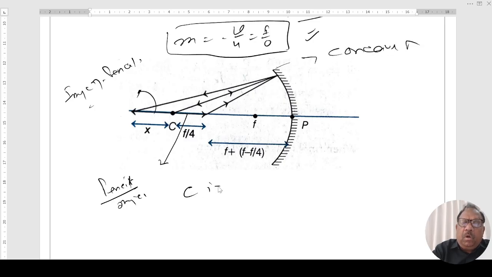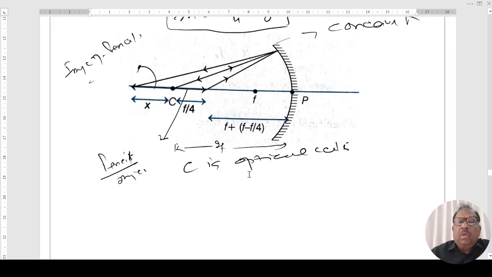C is the center of curvature, and its distance from the pole is always 2f. This is 2f. Now find the position of V. So u will be equal to minus 2f minus f by 4.